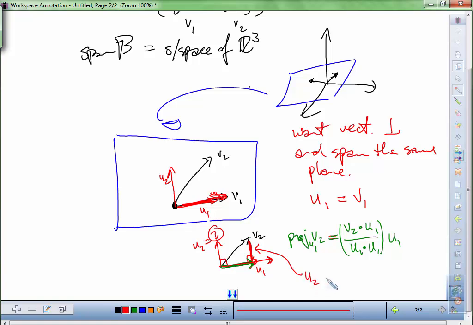I'm not putting arrows on my vector, sorry. So what minus what? V2 is the head. It's going to be head minus the tail. But instead of U1, because U1 might be over here, I want that projection vector.